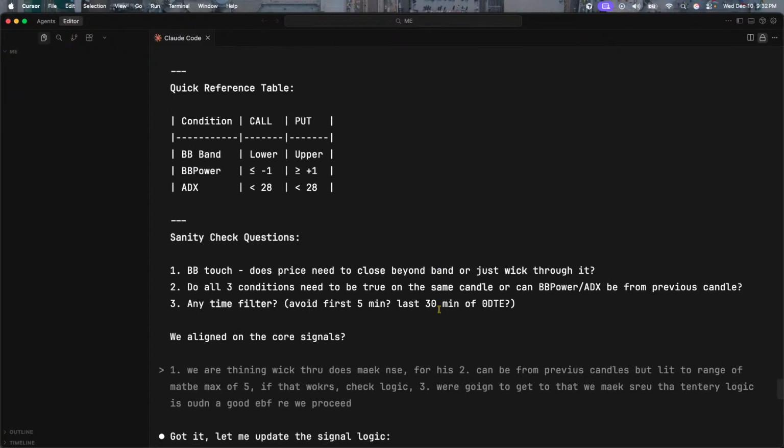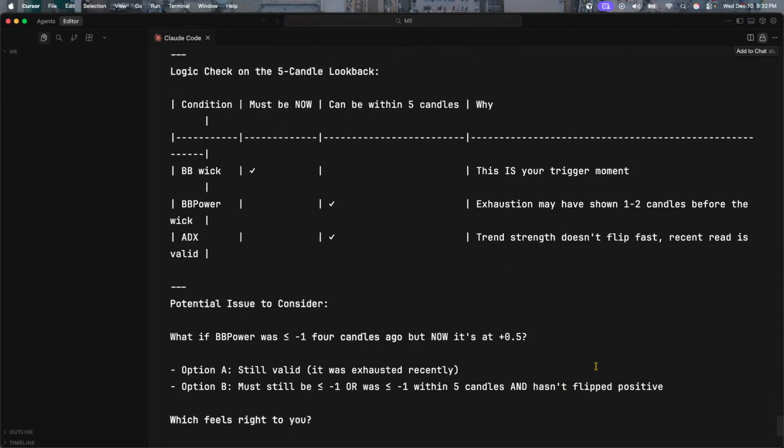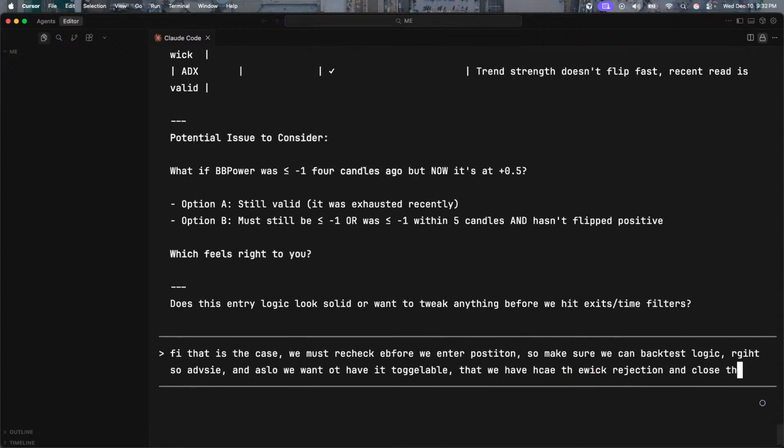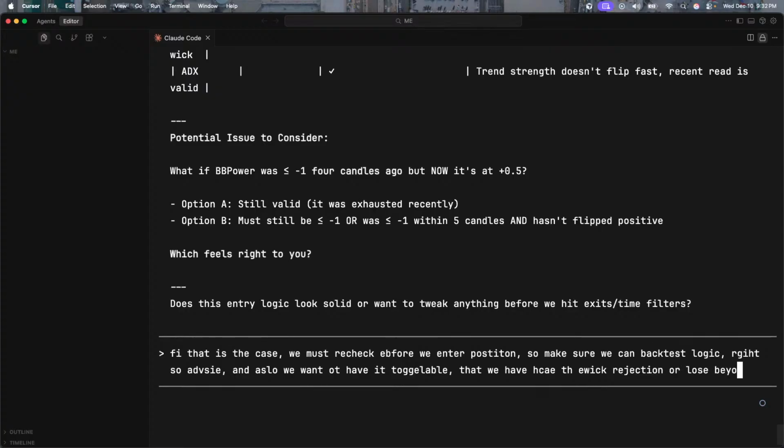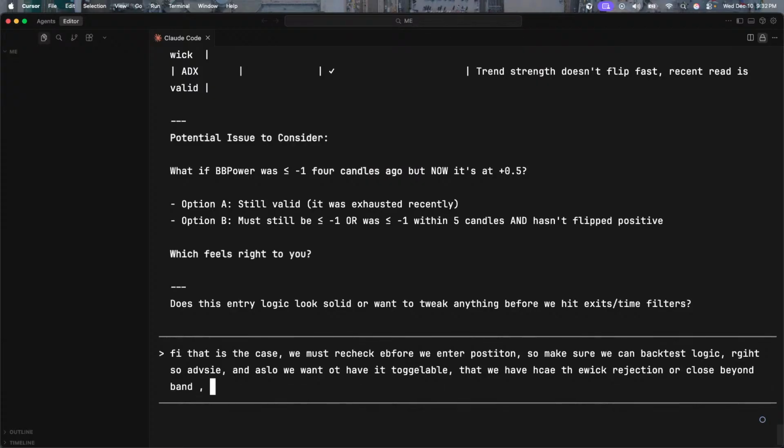So I talked about it here: the close beyond the band or the wick rejection. Right now, we're going to start at the wick rejection. Okay, makes sense? Let's talk it out.